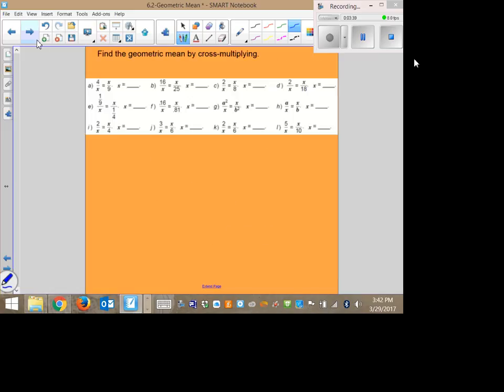So trying this sheet here, we want to find the geometric mean by cross multiplying. In this first one, we have 4 over x equals x over 9. So x squared equals 4 times 9, which gives us 36.